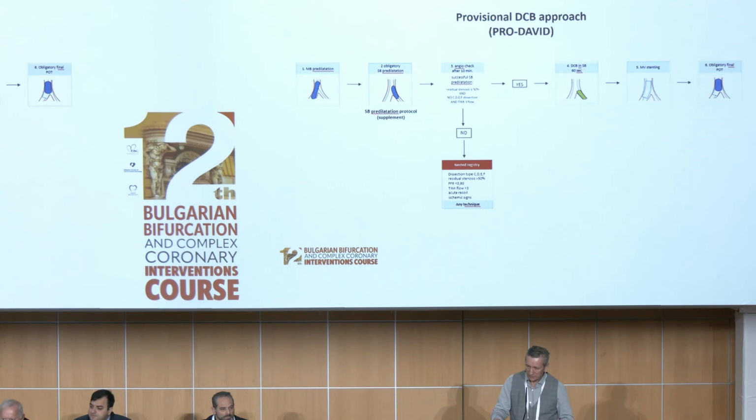It's something like this: predilate the main, then the side branch, wait for 5 to 10 minutes, give nitro, eliminate acute recoil, and then if yes, just put the desired DCB for, if you can, 60 seconds in the side branch, put the stent in the main vessel, do the POT, check if there's a satisfactory result, go out without kissing. Keep it short and simple.